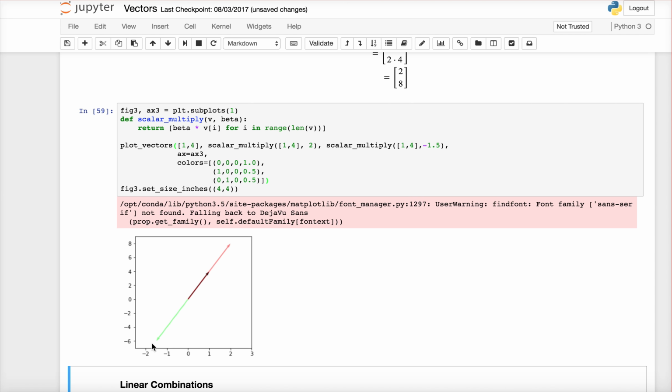I have my original vector 1 and 4, which is drawn in black, and then plotting that same vector multiplied by 2, which is the red line, and finally taking that vector 1 and 4 and scaling it by -1.5, and then that becomes our green line. So you can see that as we stretch it or flip it, we're staying along the same line in the two-dimensional plane.